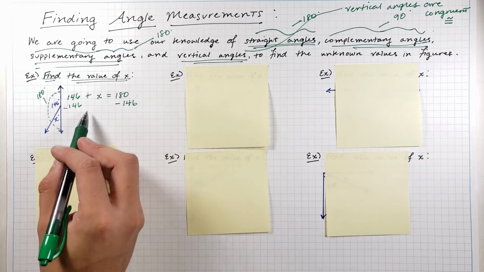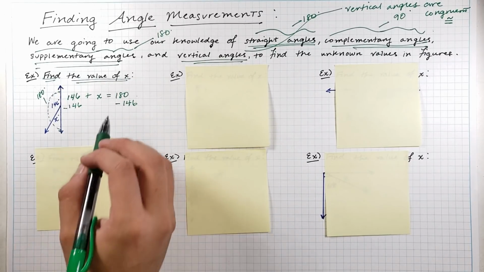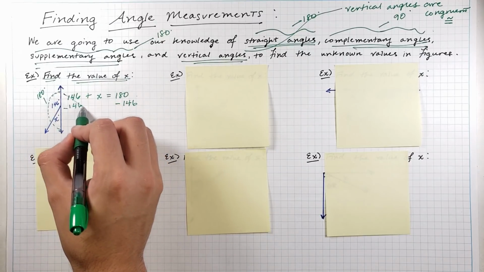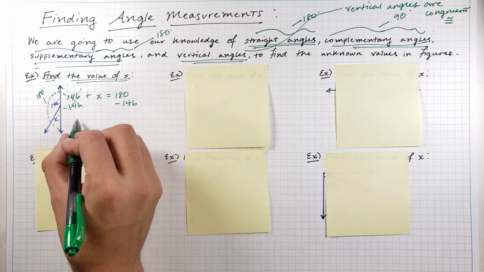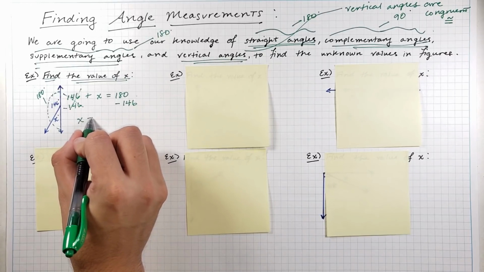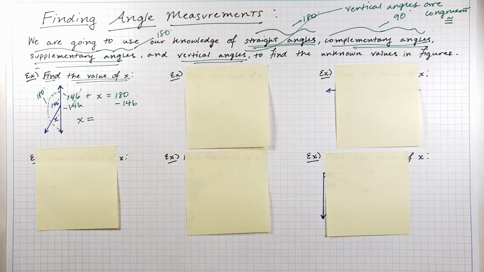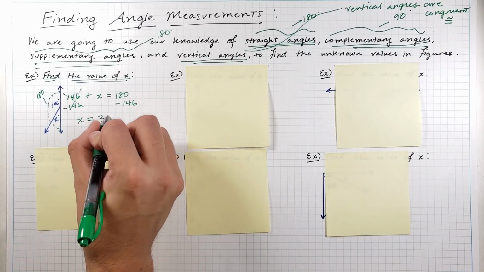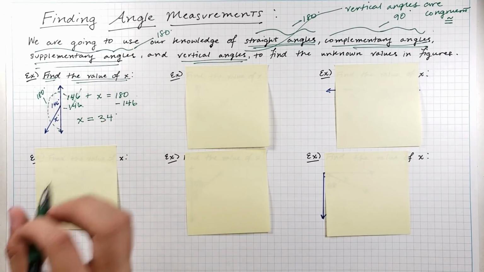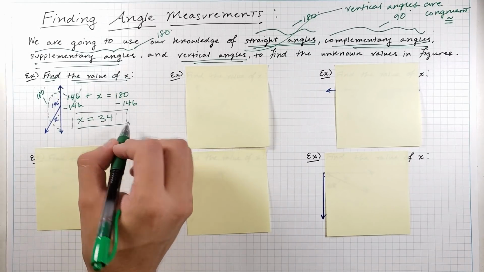When you subtract 146 from both sides, the 146's will go away, and you'll get x equal to 180 minus 146, which gives x equals 34 degrees. So it's pretty straightforward for now.